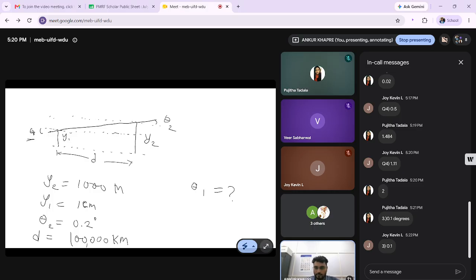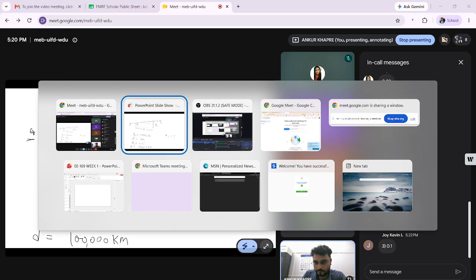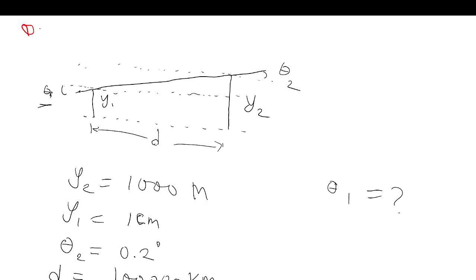Just keep all the values. Are you able to understand the question? I asked you, this is the theta one actually. I don't know how I wrote this one.